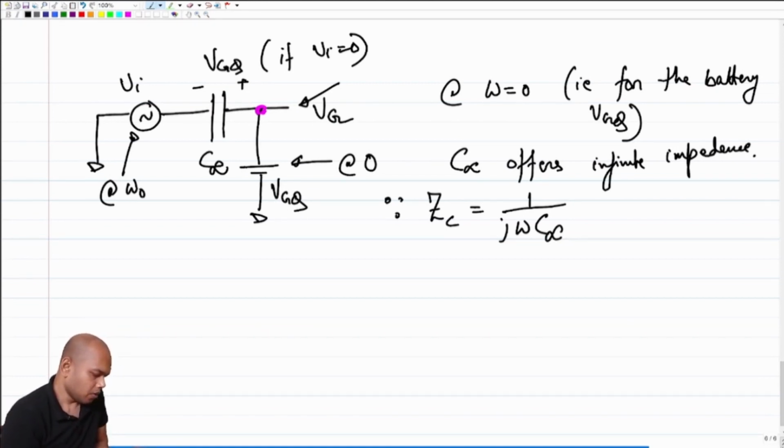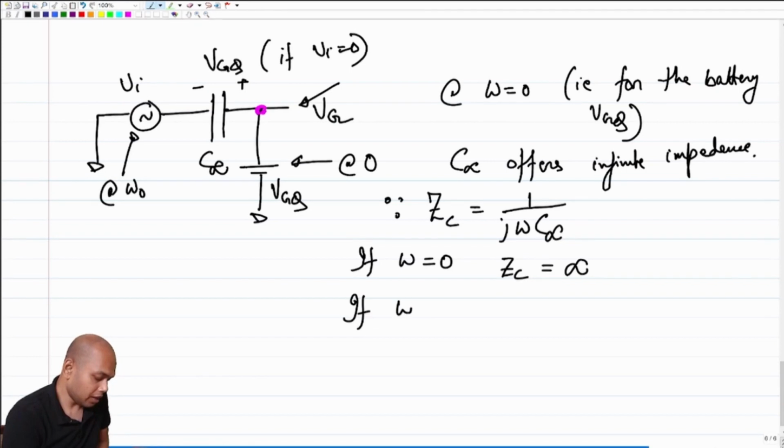Now, what impedance does C infinity offer to Vi? Since Zc is 1 over j omega C infinity, if omega is equal to 0, Zc is equal to infinity, right? If omega is equal to omega naught, what is Zc? Zc is equal to 1 by j omega C infinity.